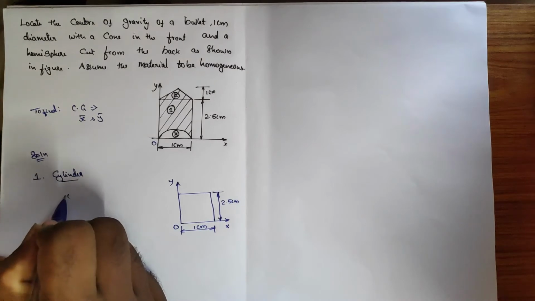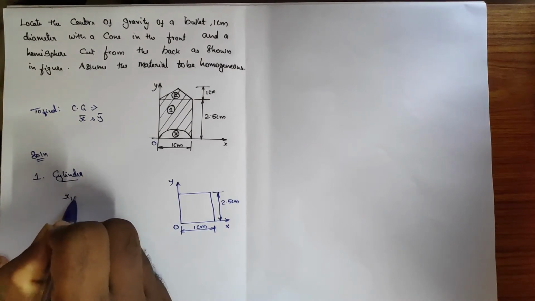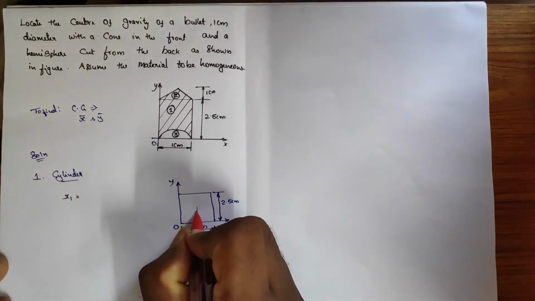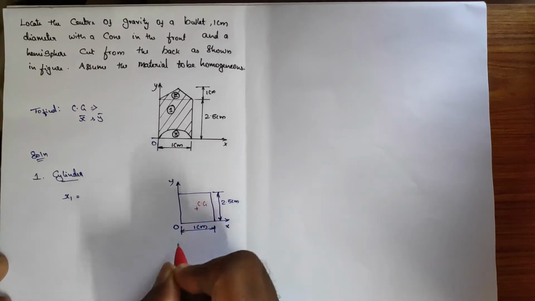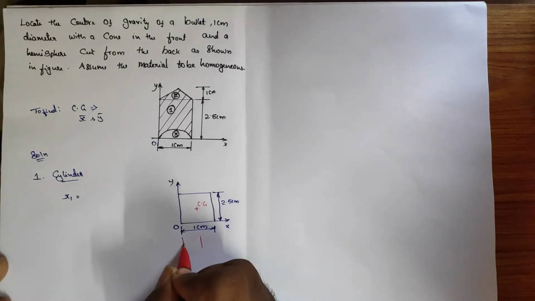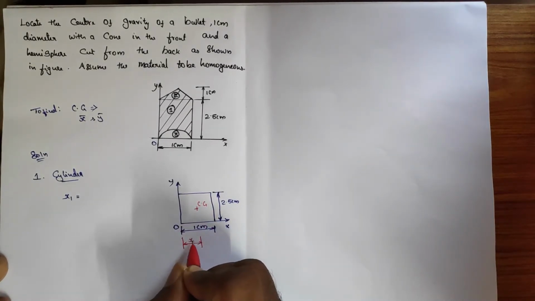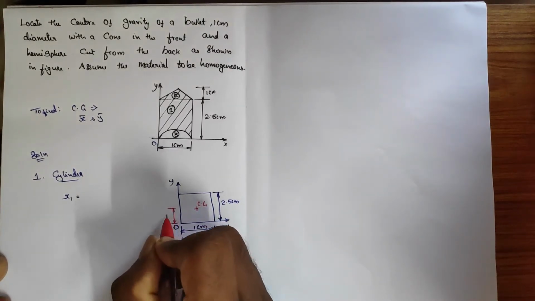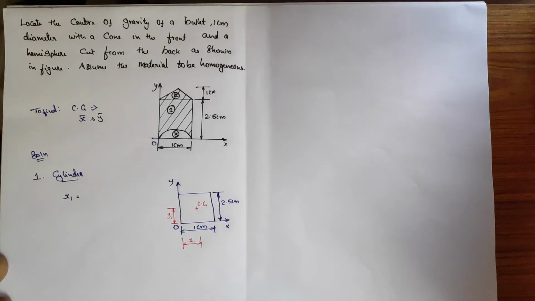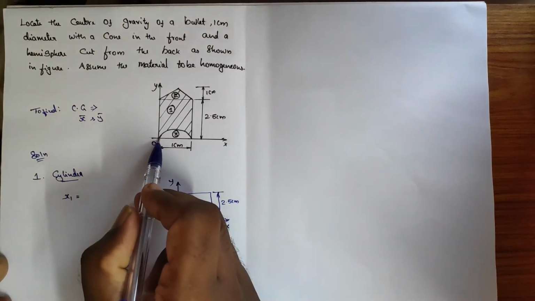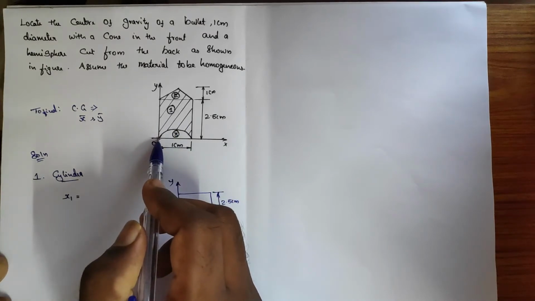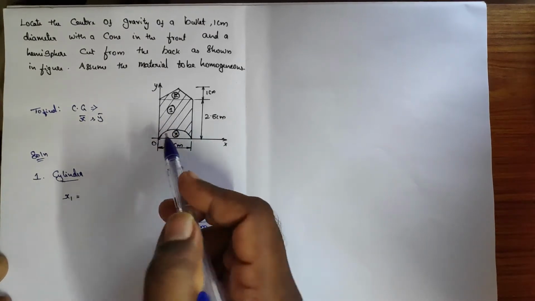Now x bar, x1, we can find out. Here the CG, that means x bar or x1 is here, and y1 is this distance. It begins from the bottom OX, and in the y axis it begins from OY, I mean the cylinder.